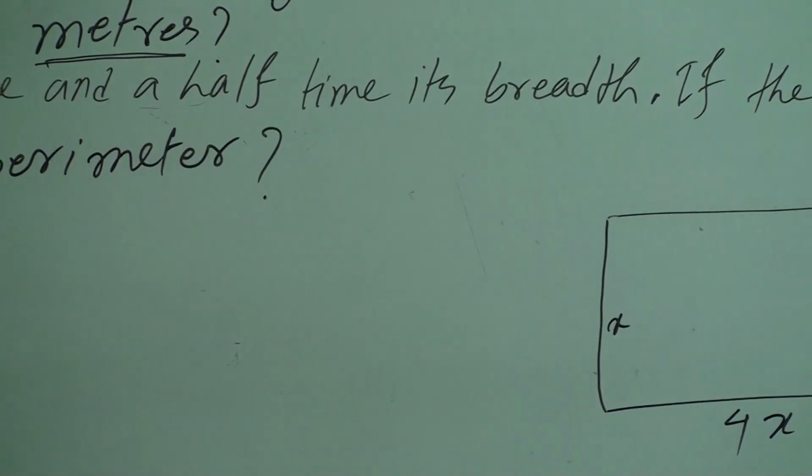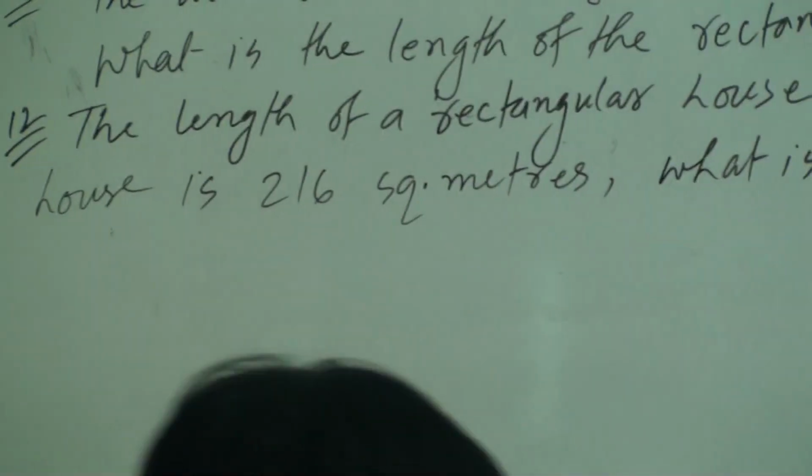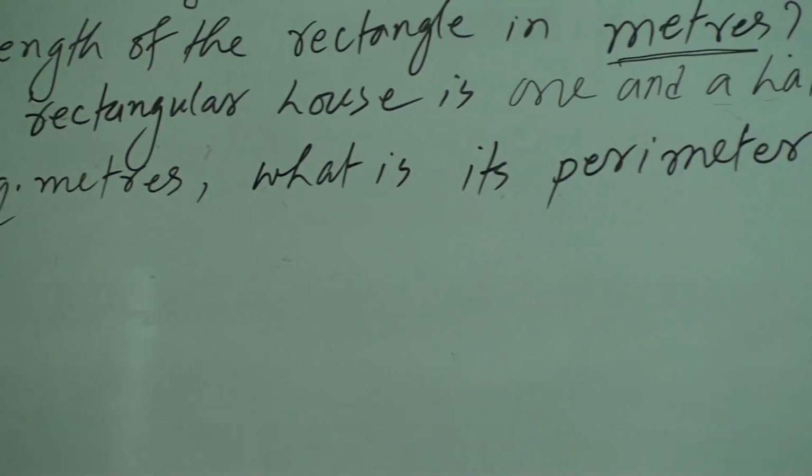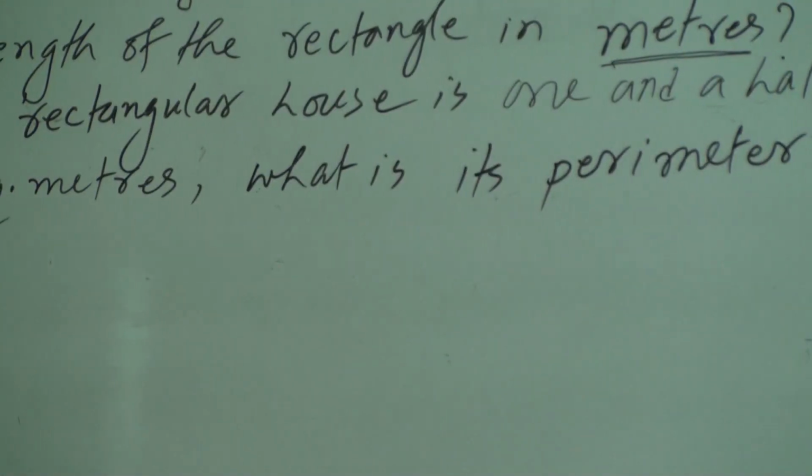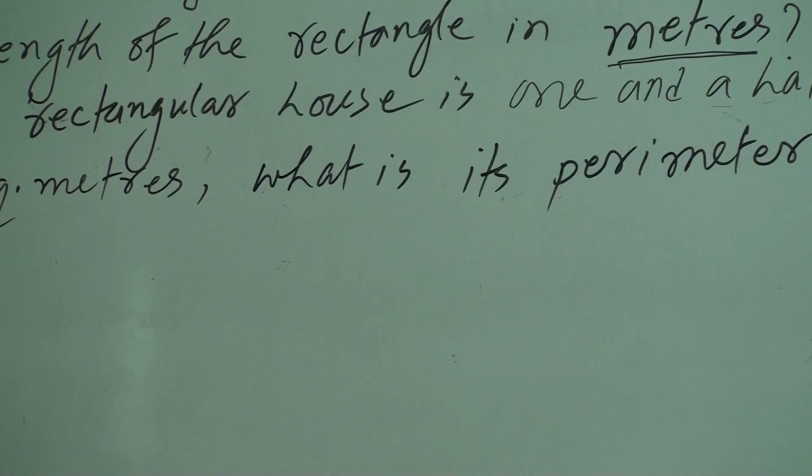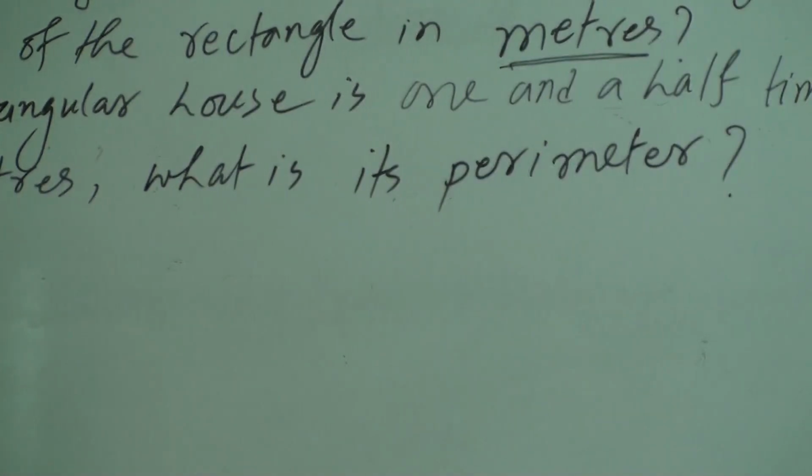If the area of the house is 216 square meters, what is its perimeter? So we need to determine the perimeter here. Okay, see the solution of question 12.